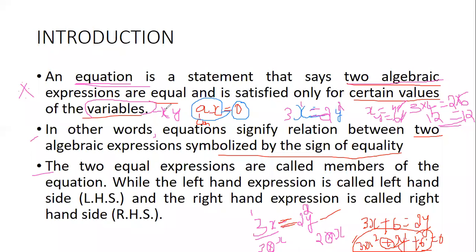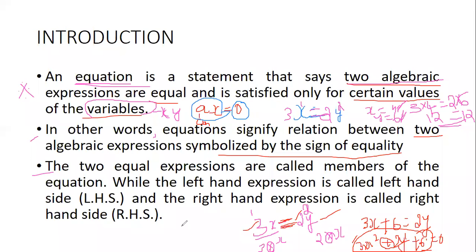Understood what is an equation? The first definition says an equation is a statement that two algebraic expressions are equal and is satisfied only for certain values.